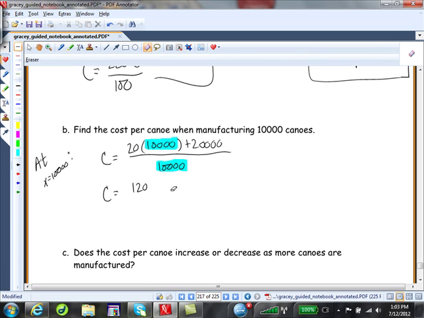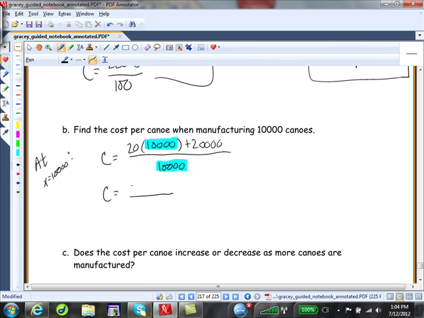Oh, wait a minute. Let me double check my math there. That's going to be a 2 with 1, 2, 3, 4, 5 zeros. So 20,000. Sorry. I still think my numbers are off. Oh, because that was 20,000. I apologize, guys. I'll just write it out.